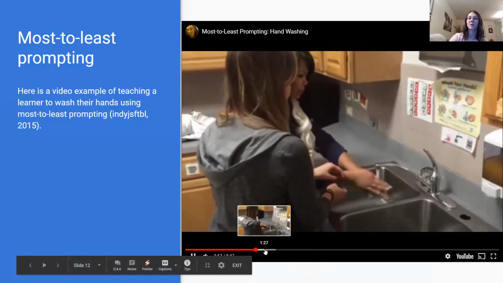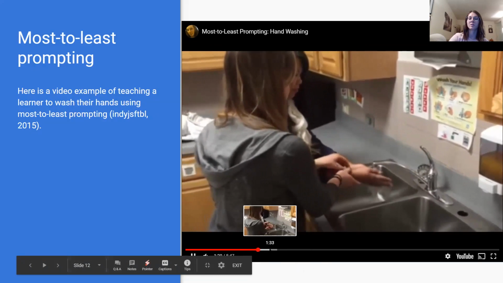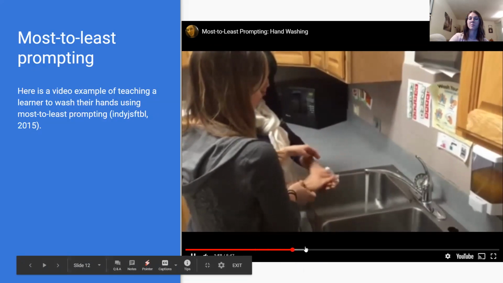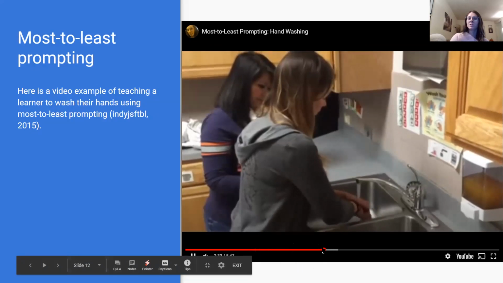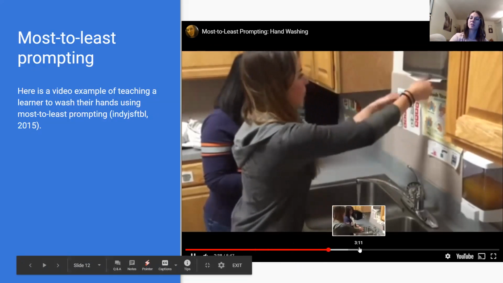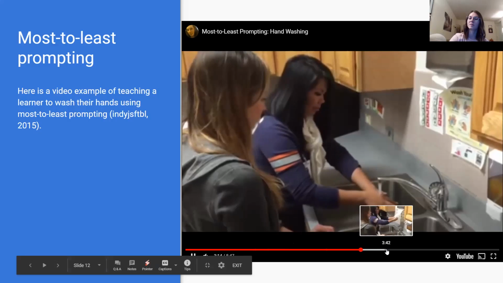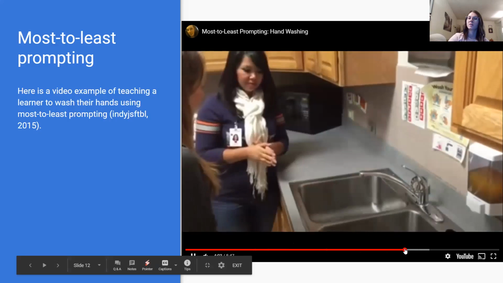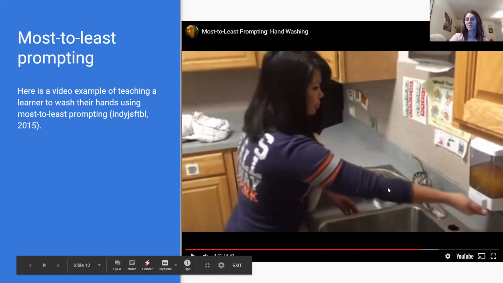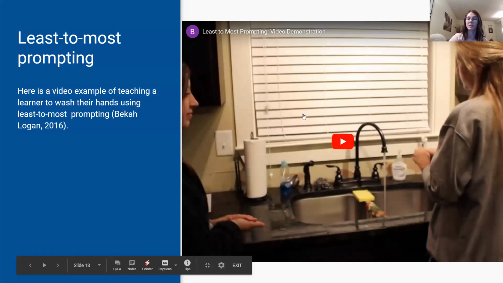She's only touching her when she needs to. Here she's modeling how to do it. So she's going to model the whole hand washing and then give the learner a turn. And then they're going to move to verbal prompts and so forth until she's doing it independently.